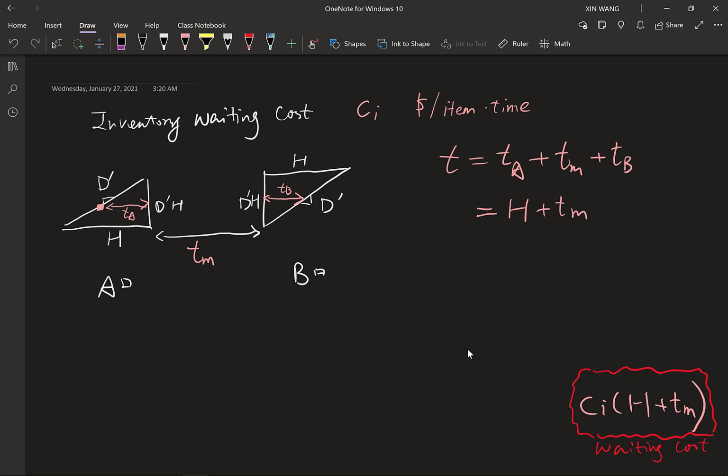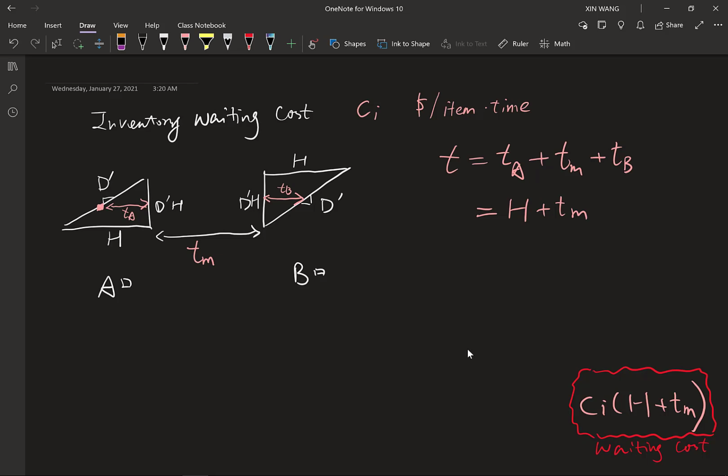So currently we assume that the inventory waiting cost is incurred at both location A and location B, but sometimes people may not pay the inventory waiting cost at either location A or location B. For example, let's consider we are shipping human beings.